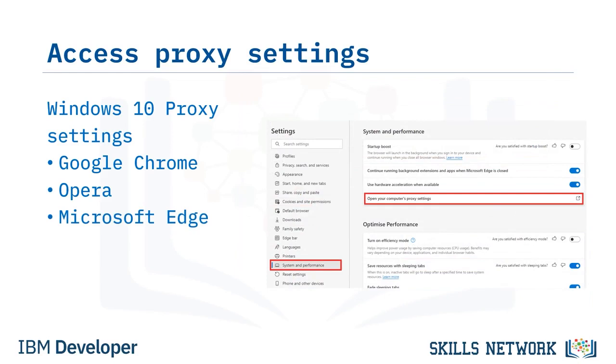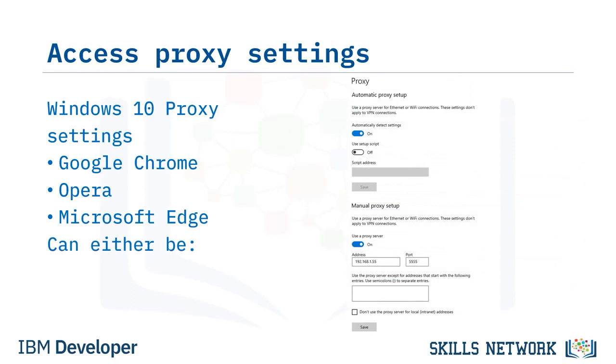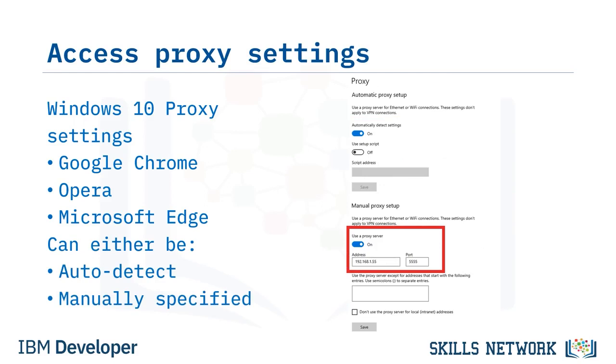Similarly, in Microsoft Edge, you open Settings, then in the left navigation menu, select System and Performance, and again, you select Open your computer's proxy settings. In all cases in Windows 10, this action opens the proxy settings page. From here, you can either configure auto-detect proxy settings, or you can manually specify the proxy server address and port to use.